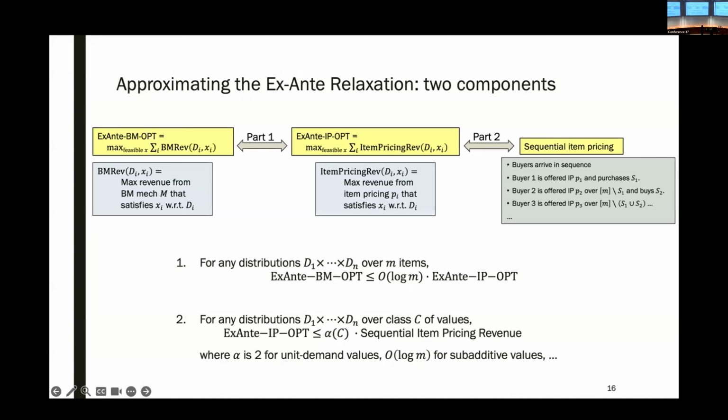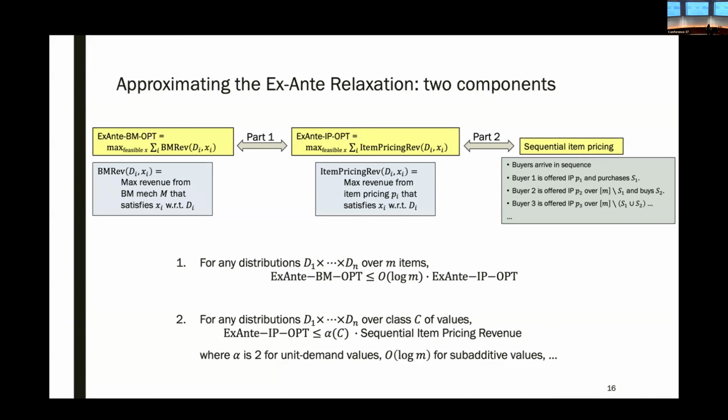And then it just looks at every buyer alone and asks, what's the revenue optimal item pricing I can offer that satisfies these supply constraints per buyer? On the one hand, this item pricing benchmark approximates the by many ex-ante benchmark. And on the other hand, this can be rounded off into a sequential item pricing.